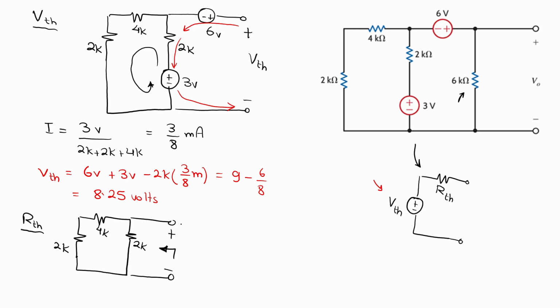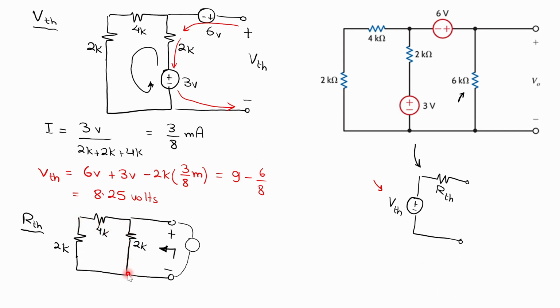Now we can imagine a source connected to these two terminals. Now we want to see how much resistance is seen by this source. Okay, so you can see that we have a 2K resistor in one branch, and in the other branch, we have the series connection of 2K and 4K.